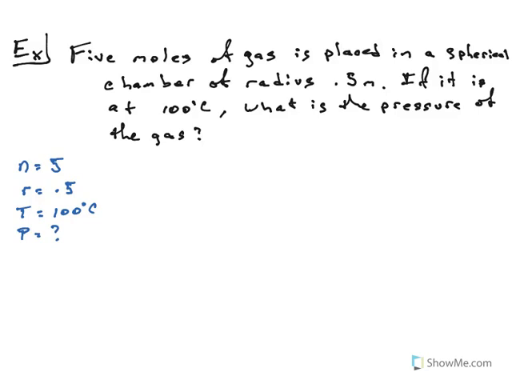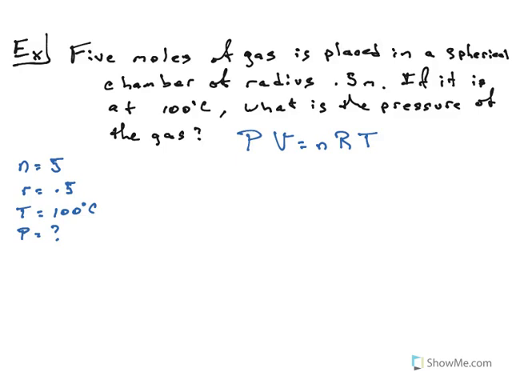Well, this problem is not asking us if we change the temperature, what happens to the pressure or anything like that. We're just told, here's a gas, it's in this container, tell me about the pressure. So that means I'm going to use the equation PV equals nRT, the ideal gas law itself. I'm using the little n, the nRT version, because I'm given moles in this problem.